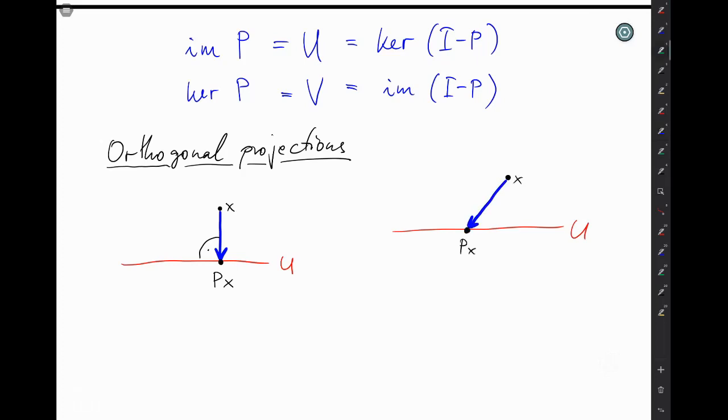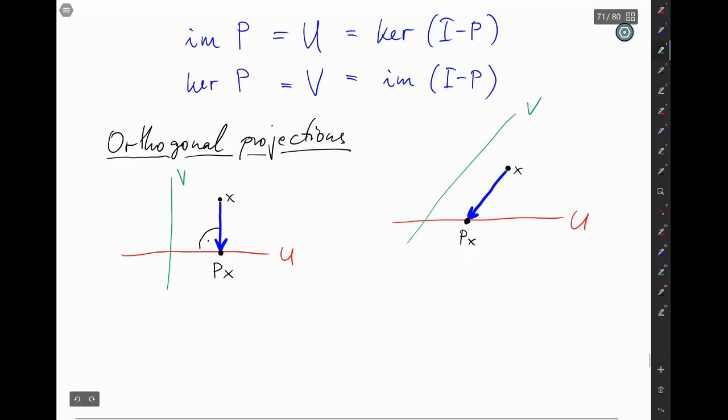And that was when our complementary space V was facing like this, instead of being orthogonal to you from the very beginning. Okay, so in what we said before, neither in the geometric definition nor in the algebraic definition, there was any kind of orthogonality involved.